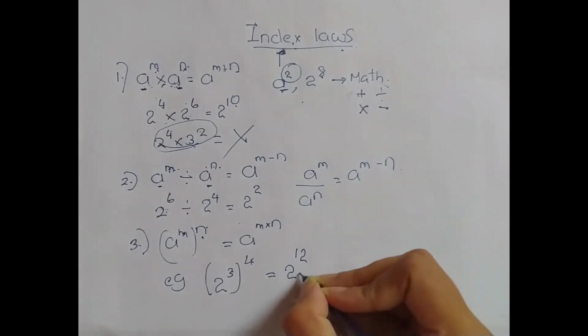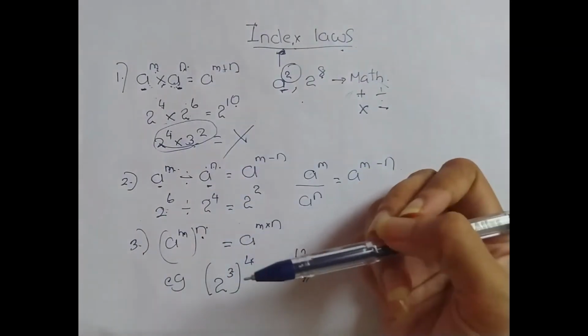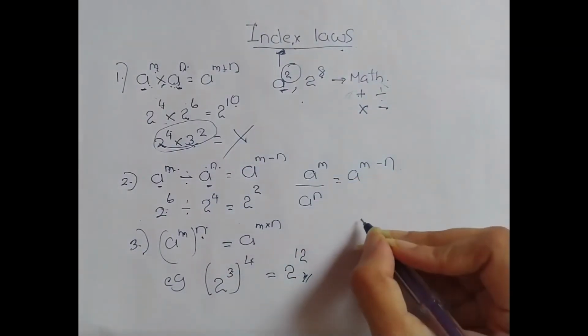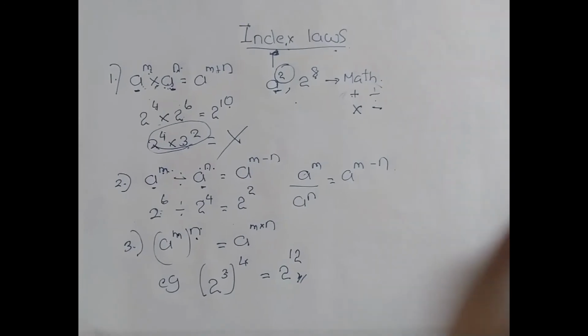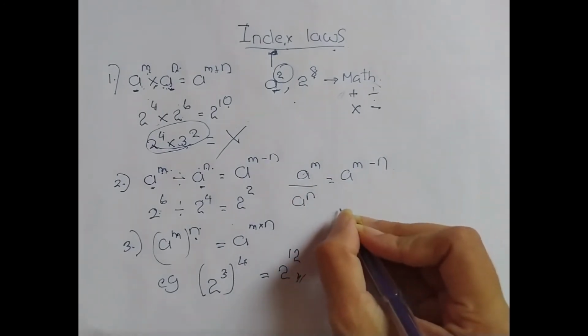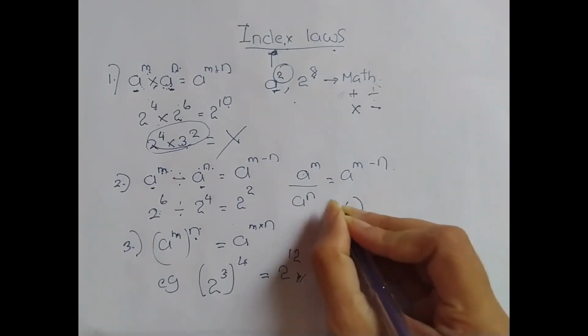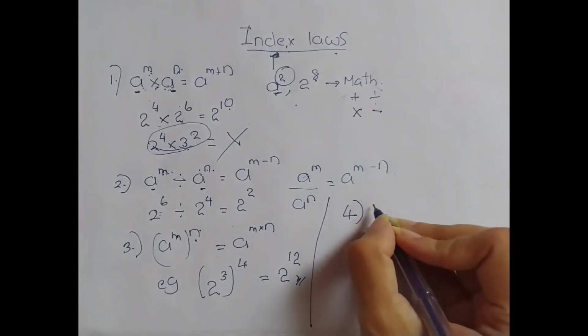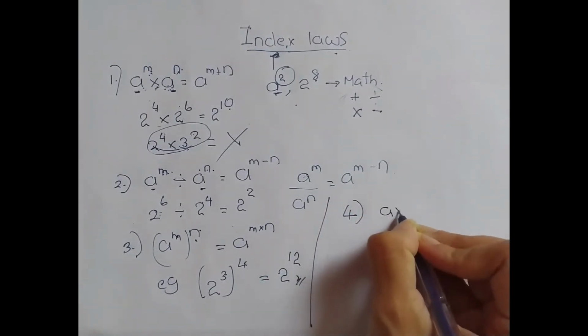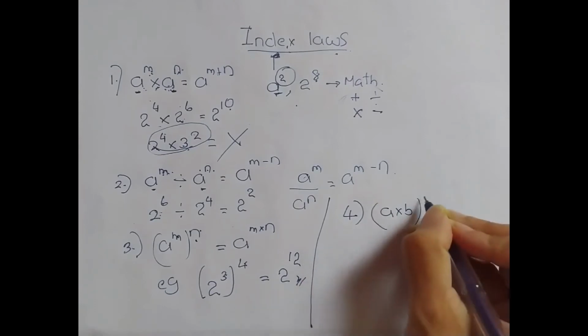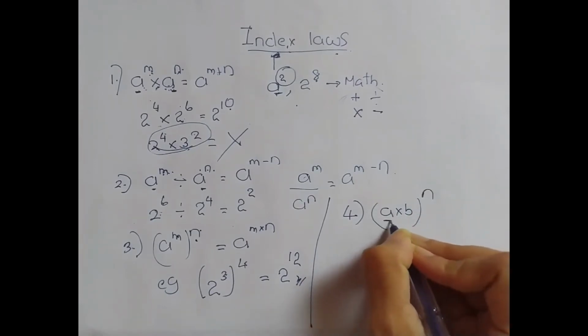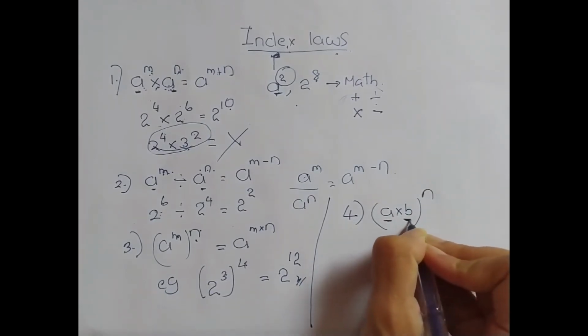Okay, so that's how you do with these laws. And the last type of law, the fourth type, is a into b, whole thing to the power n. Now you can see there are two different bases.